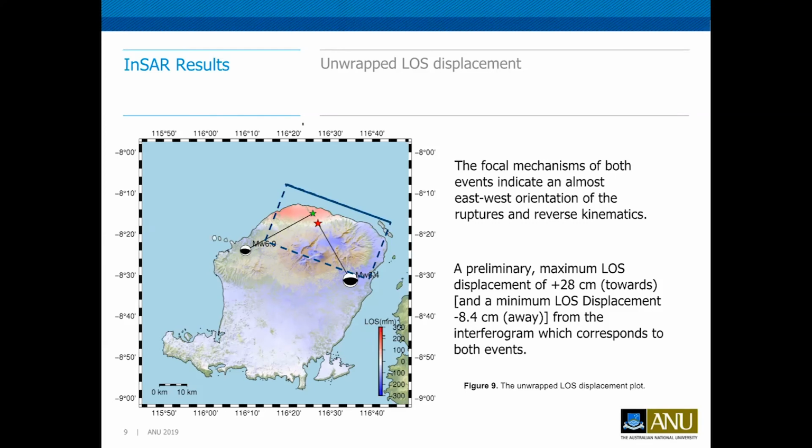The other thing is to process ascending Sentinel data and use the multiple look angles to decompose the LOS, so we can get the east, north and vertical components of the displacement.